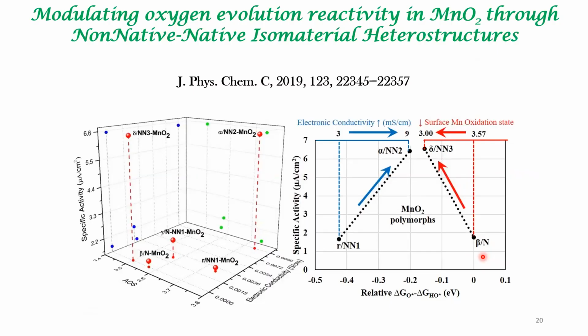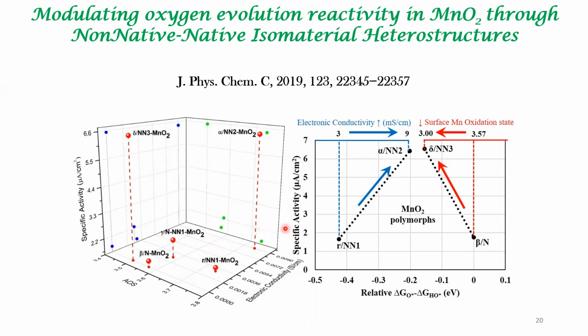Moving on, this kind of philosophy involving forming an interface between native and non-native structures was utilized for forming oxygen evolution electrocatalysts. Again, this is for MnO2. Different structures were explored both experimentally and computationally.